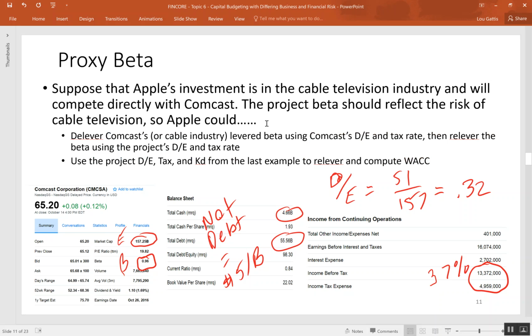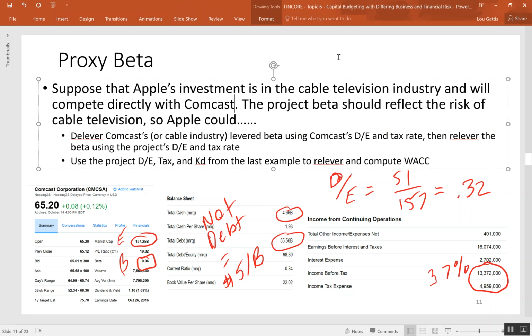So what I could do is either find an unlevered beta for the cable industry, which we learned how to do before, and lever it up for the project's D/E and tax rate. The other way is to find a very specific proxy or comp, a comparable firm. Say the project will have the same risk as that faced by Comcast. Here's Comcast information from Yahoo Finance.